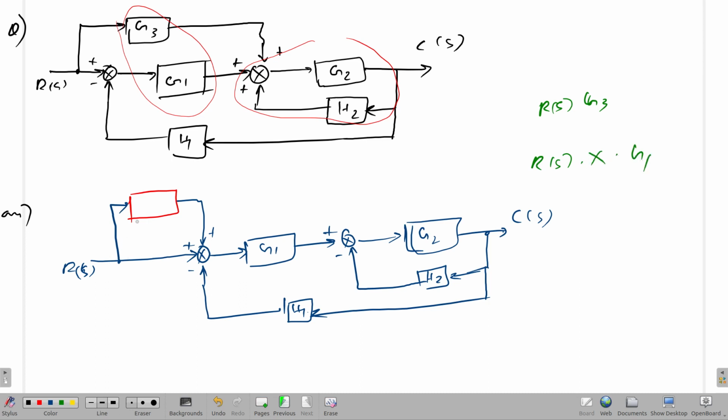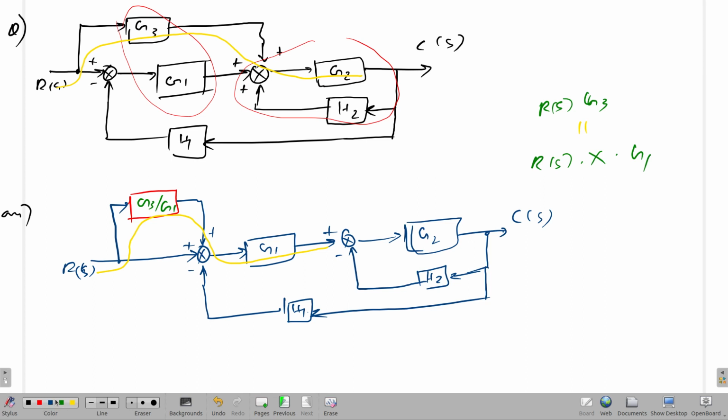Because the path is like, here the path is this one, here the path is this one. So whatever is coming here will be multiplied by G1. These two should be equal, right? So we can cancel this G1. So this will be G3 by G1. That is how you get it.